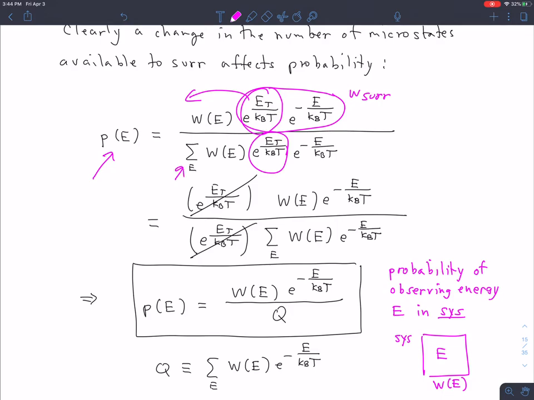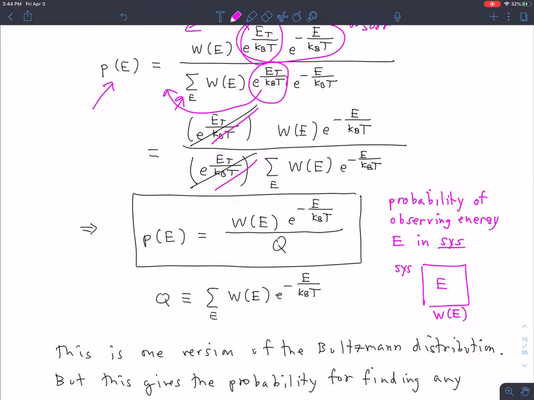It doesn't depend on the energy of the system, and so we can factor that out of the sum as well. Once you've factored it out on both top and bottom, it cancels, and that extra little factor just disappears, and we get one version of the Boltzmann distribution, though not the most normal version, or not the most usual version.